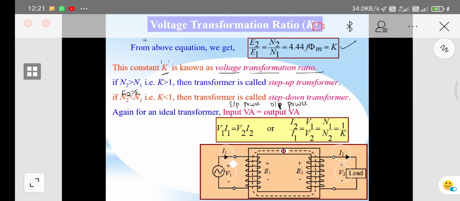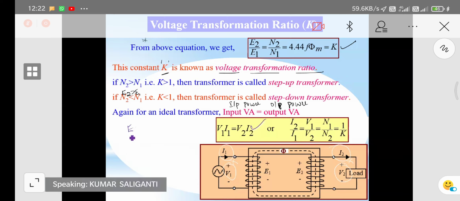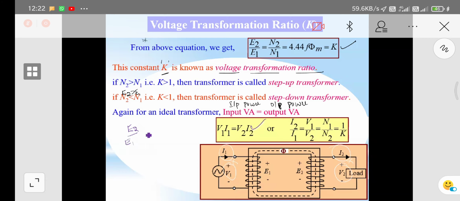From that you can get I2 by I1 equal to V1 by V2 equal to N1 by N2 equal to 1 by K. Otherwise, you can write E2 by E1 equal to N2 by N1 equal to I1 by I2, that is equal to K.